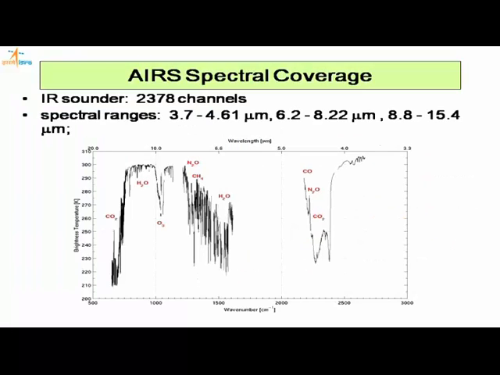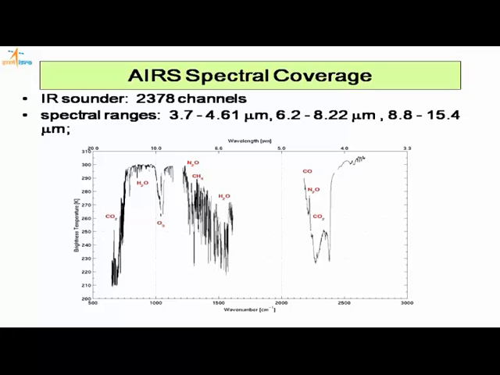The AIRS coverage, which I already showed you in some of the diagrams, has various absorption regions and the purpose of those observations. This band gives you temperature information, because we know that the CO2 concentration is well known.